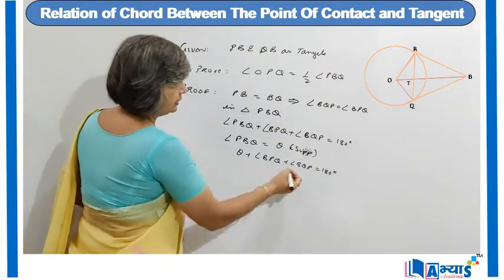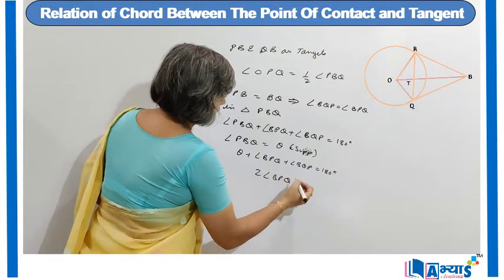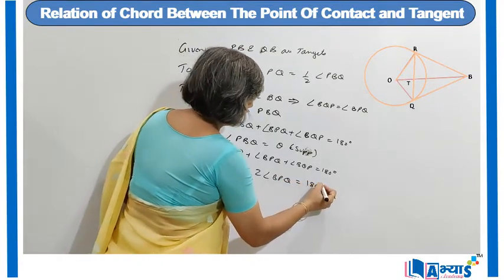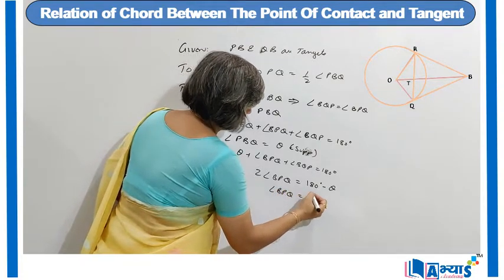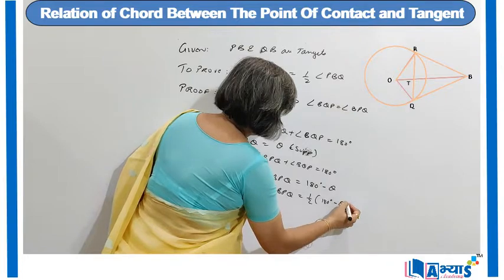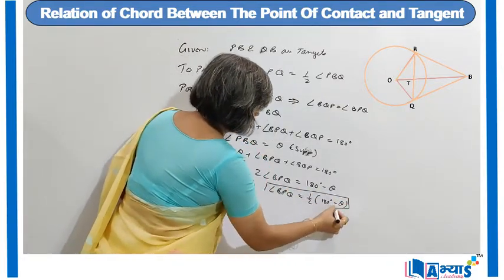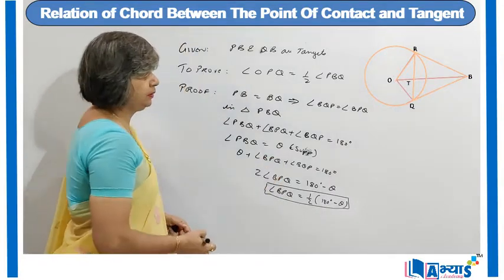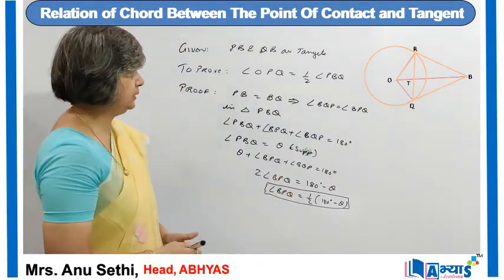Now these two angles are equal, so 2 times angle BPQ is equal to 180 degrees minus theta, or angle BPQ is equal to half of 180 degrees minus theta. So this is one relation, that angle BPQ is half of 180 degrees minus theta.